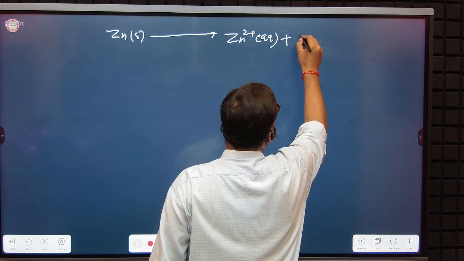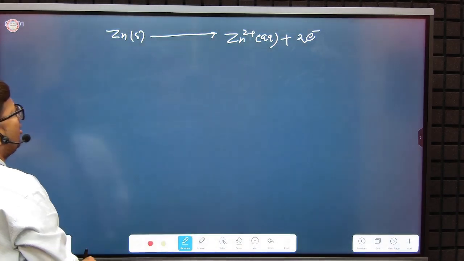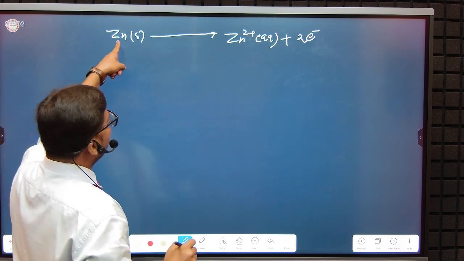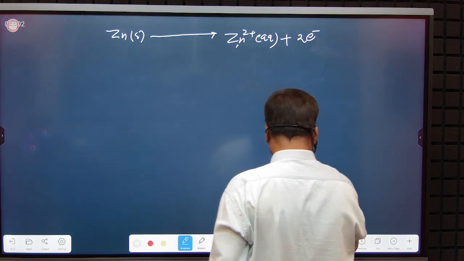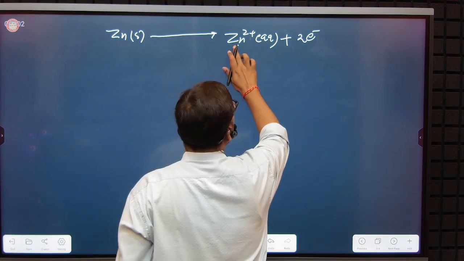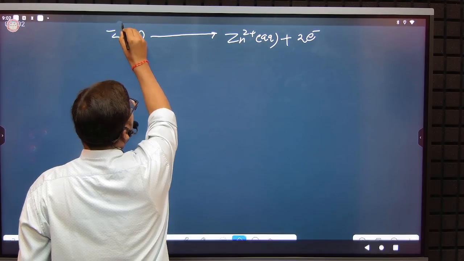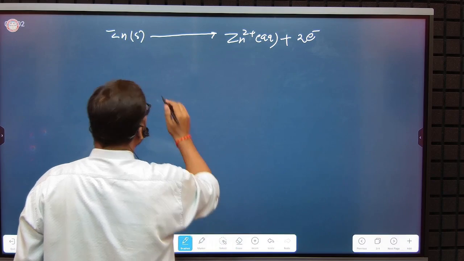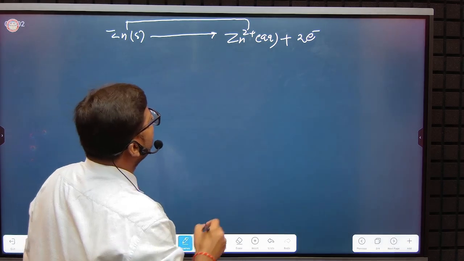That will release 2 electrons. So this is called oxidation, because here the oxidation state of zinc is 0 and here the oxidation state of zinc is 2+. So this is your oxidation reaction.